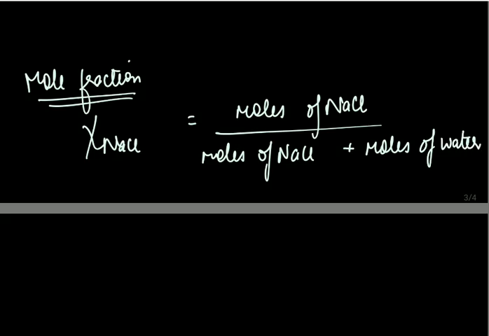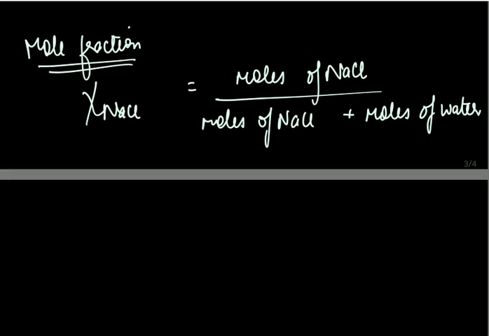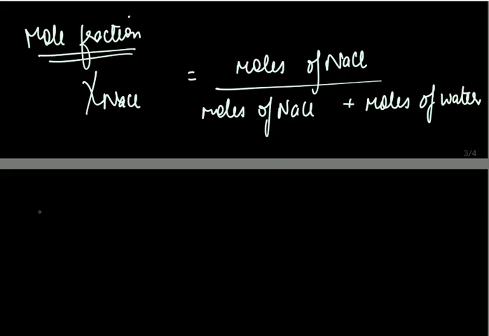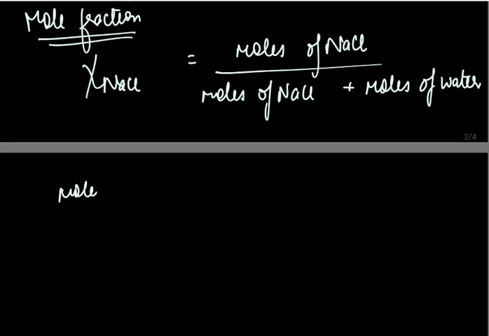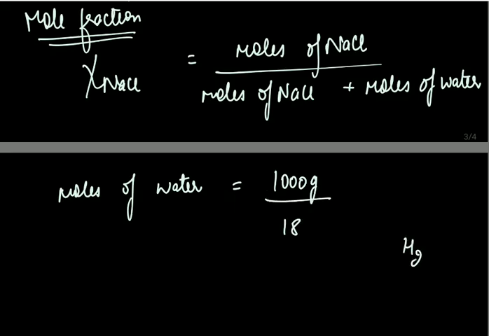Now if we need to calculate moles of water, we need to remember one thing. Moles of water: we know 1000 gram is given, divided by 18. 18 is the gram molecular mass of water, right? So when you take this, it will give you 55.55 moles. This is very commonly used in most of the questions.